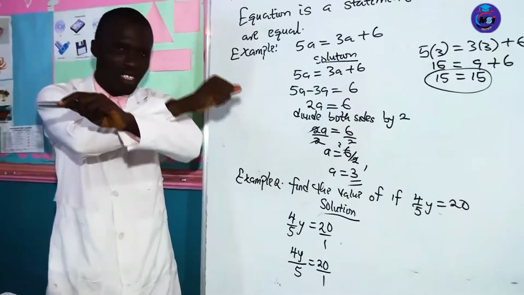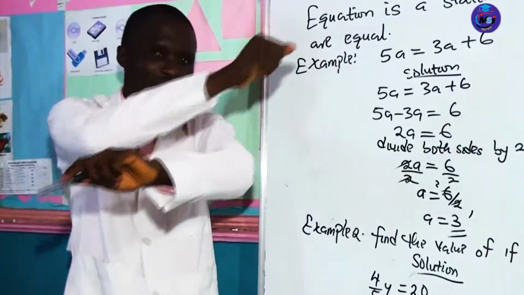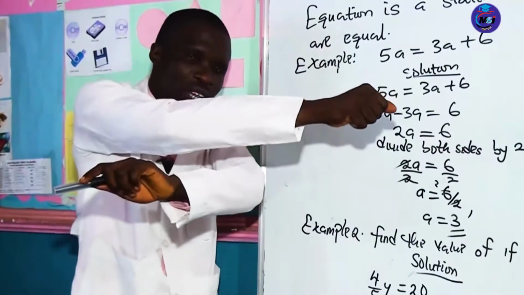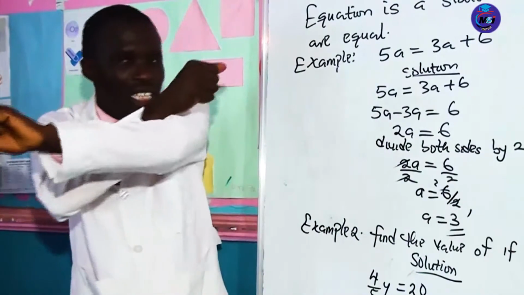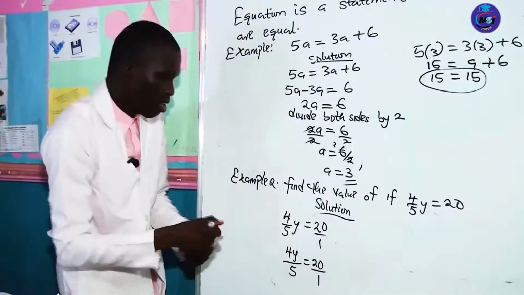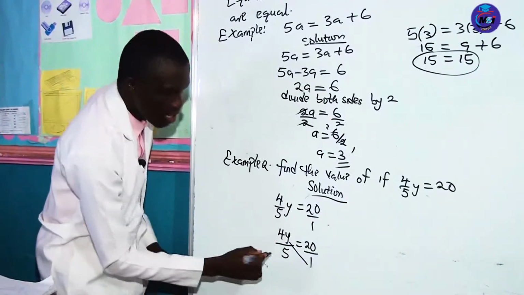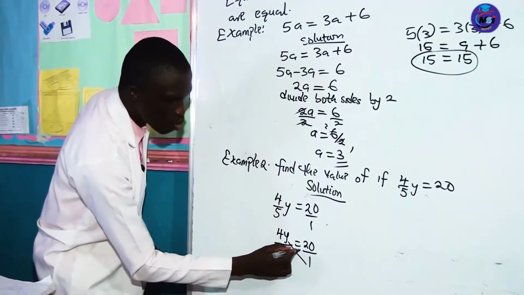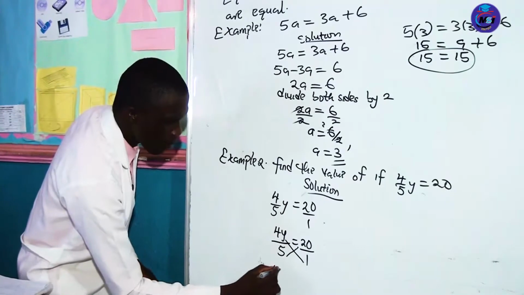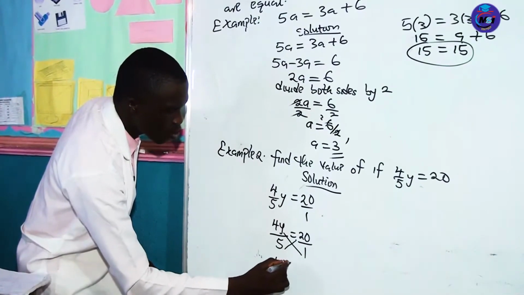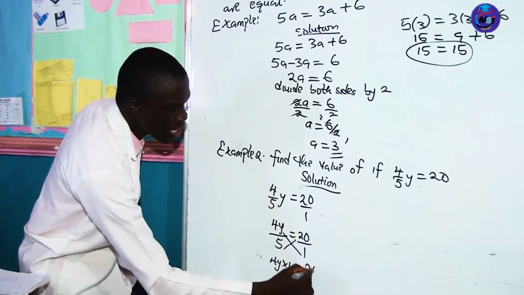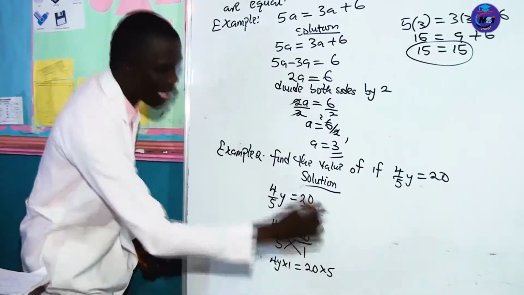Do this. Cross. This will go to this side. This will go to this side. This 1 will come and meet here. This 5 will go and meet 20. We have 4y times 1 equals 20 times 5.